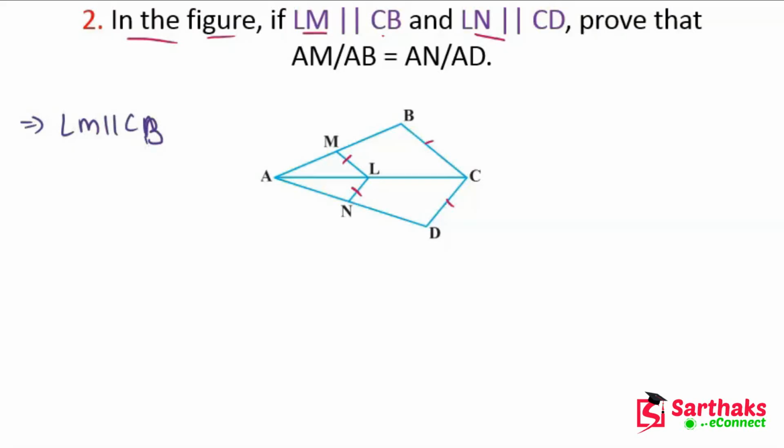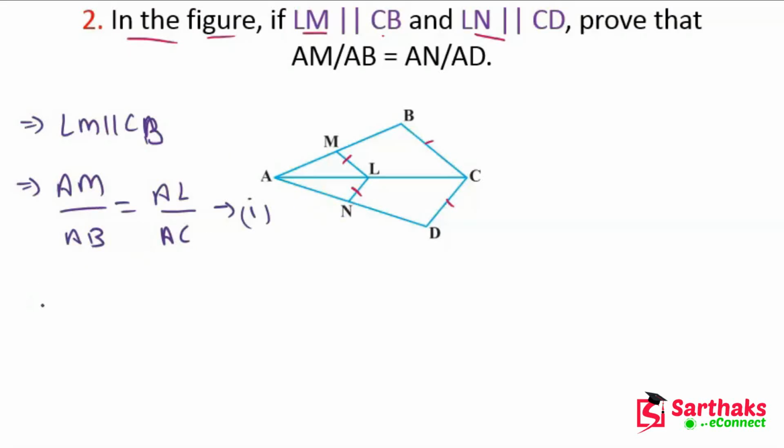So by using the proportionality theorem we can write AM divided by AB, and AL upon AC also. Now this is our first equation. This is the basic proportionality theorem. This is the condition of similarity, I also told you in the beginning.